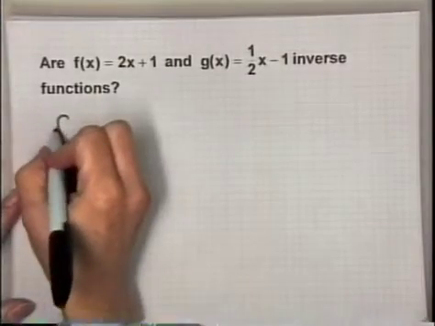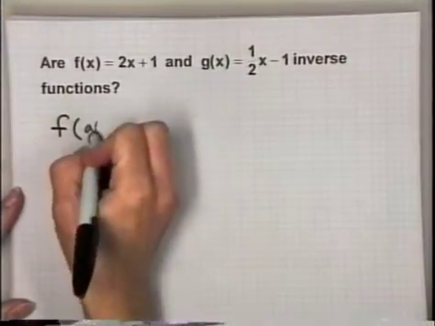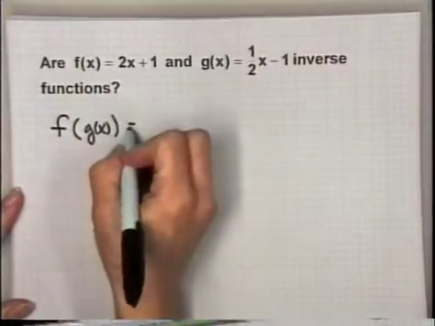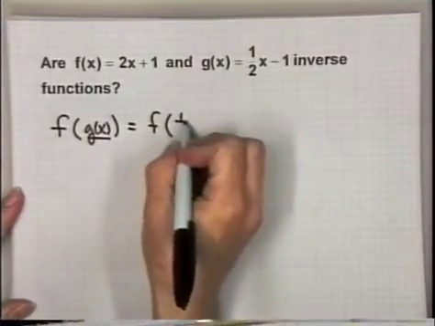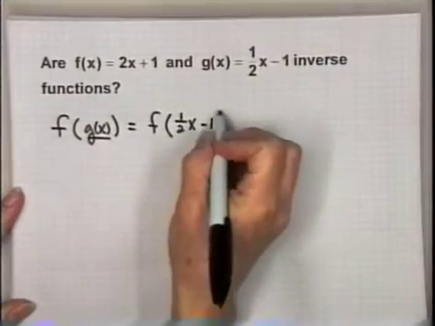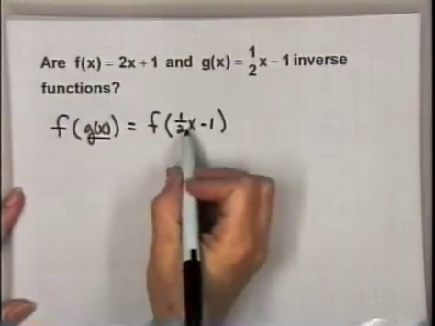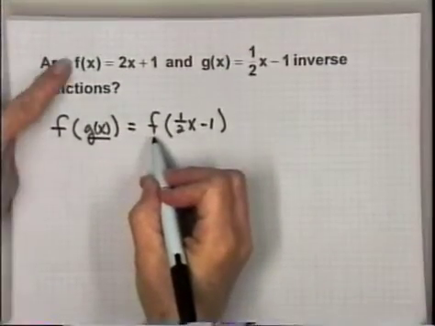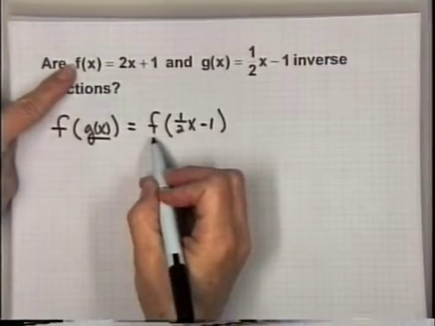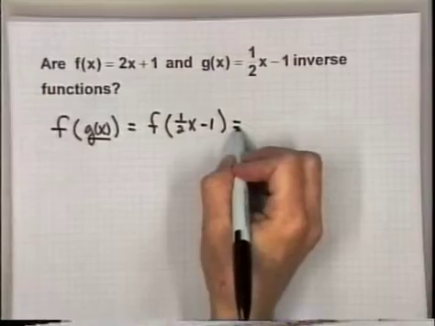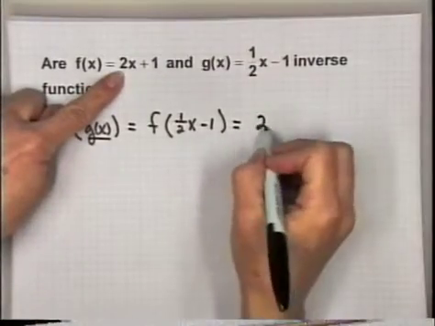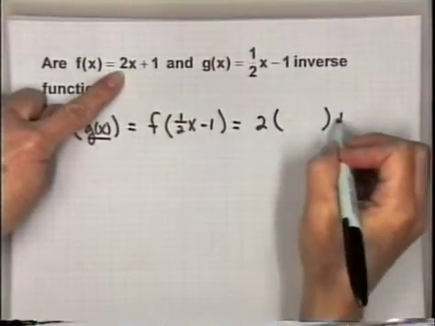We're going to do the composition f of g of x. Well, let's replace g of x. G of x is equal to 1/2 x minus 1. So here this says we're going to function f right here, and we're going to replace our variable with 1/2 x minus 1. So let's look at function f up here. Function f says we have 2 times our variable plus 1.